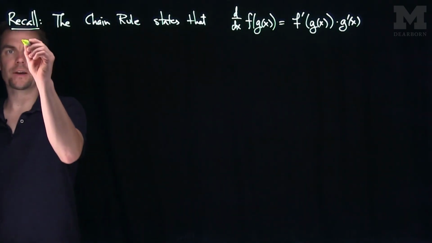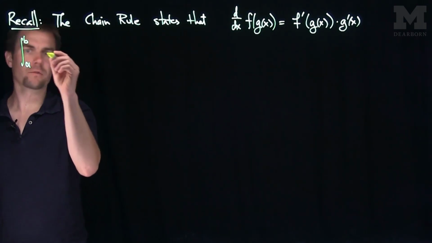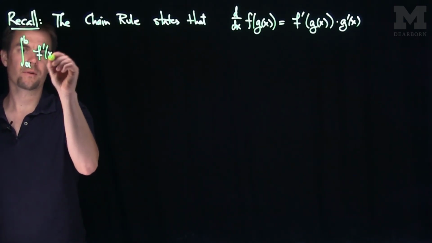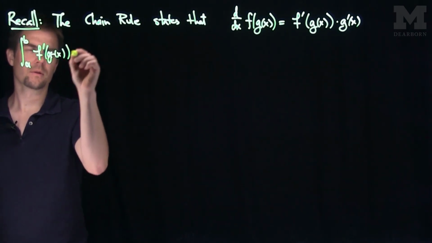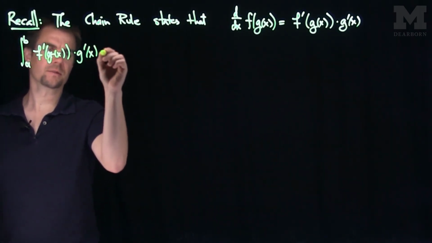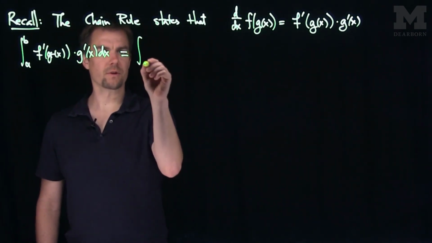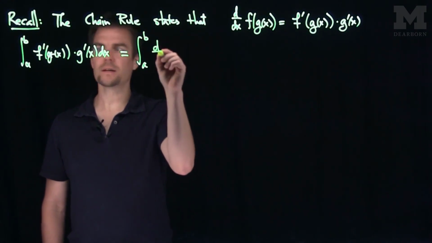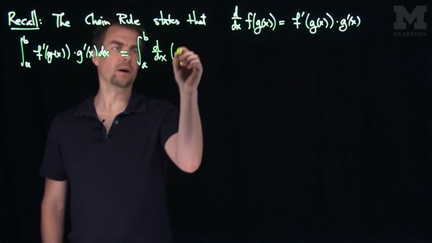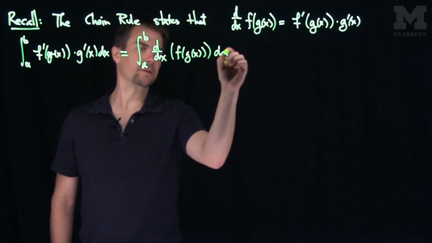So in particular, if I integrate from a to b of f prime of g of x times g prime of x dx, by this chain rule identity, we know this is the same thing as the integral from a to b of d by dx of f of g of x dx.